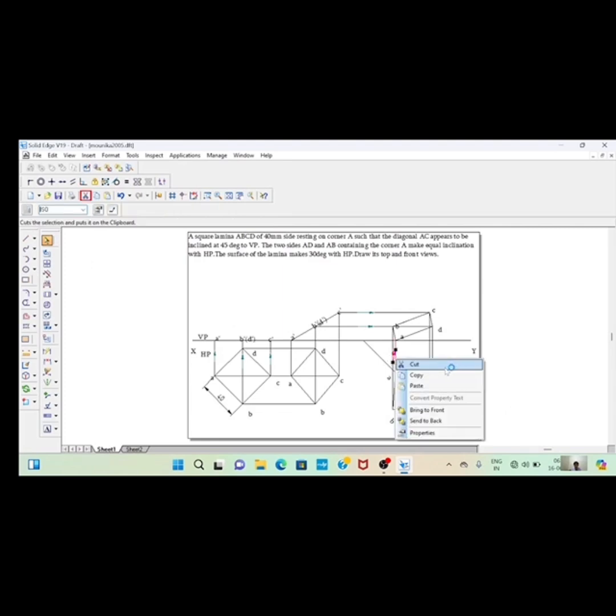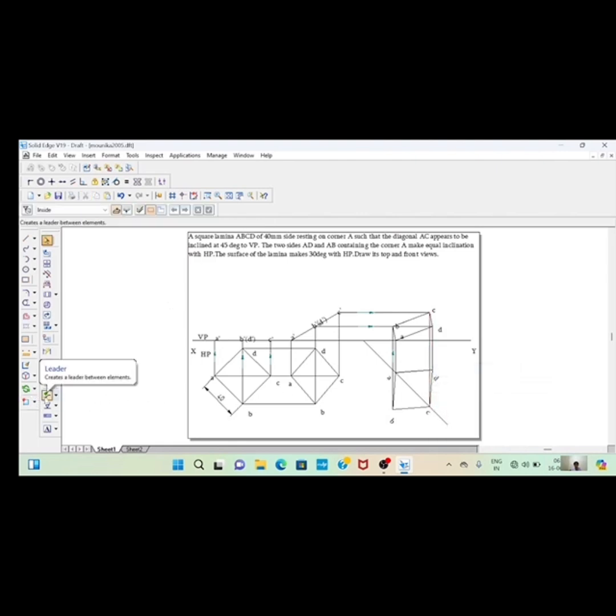Project the line with the outside arrow mark. Everyone project these lines also.